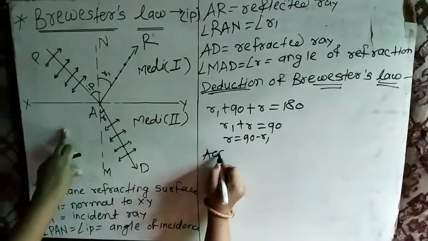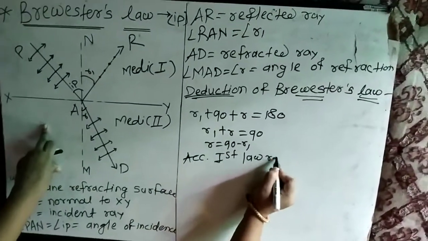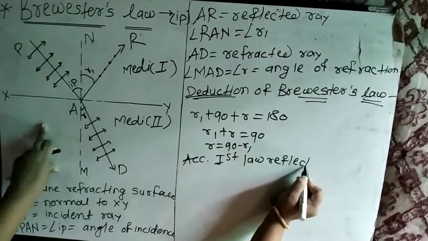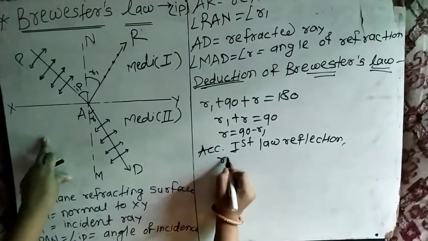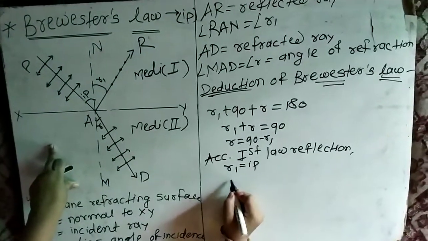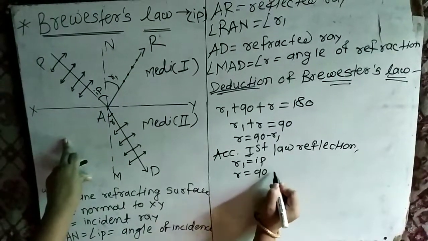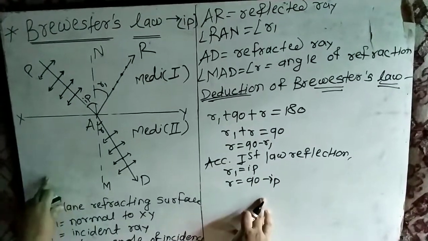According to the first law of reflection, R1 is equal to IP. Then R is equal to 90 minus IP.